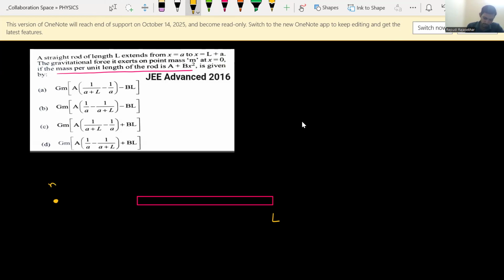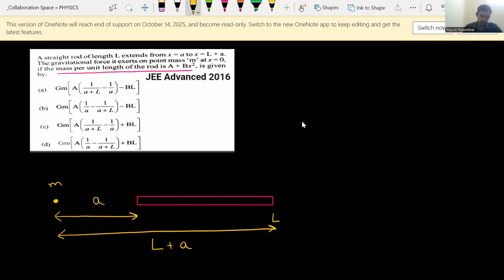Another mass is a point mass. And the distance between these two we can take. This rod starts, the initial end starts, at what distance as per the question? It starts at a distance a. And what is the final distance of the rod from the point? The final end is at a distance of L plus a, right?